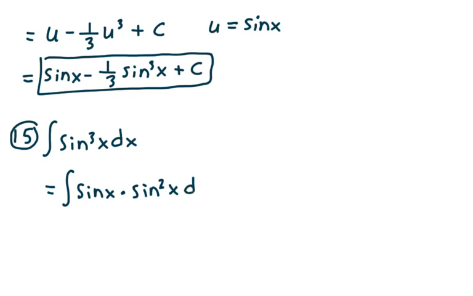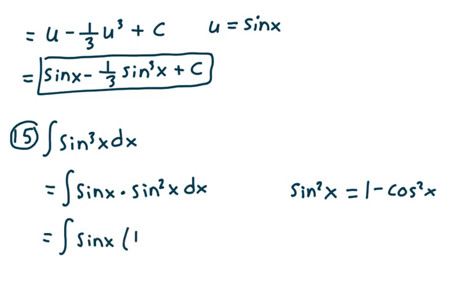And we're integrating with respect to x. But in a very similar way, remember sine squared x is 1 minus cosine squared x. And so substituting that back in, we get the integral of sine of x times 1 minus cosine squared x dx.